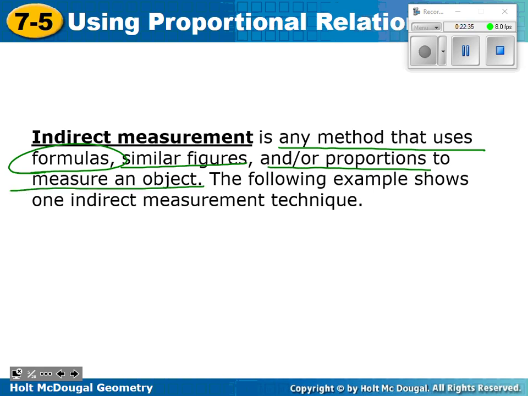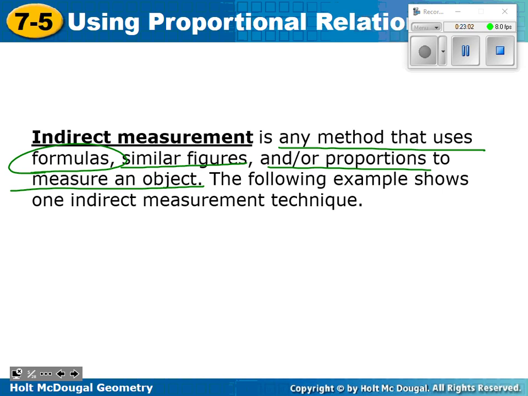So we could measure the height of that flagpole outside, and we're going to talk about an example just like it in a minute. If we went out there on a sunny day where the sun was casting shadows, if we knew our own height, I could stand parallel to that flagpole, and I could get the distance of the flagpole shadow, because the shadows land where? On the ground, right?